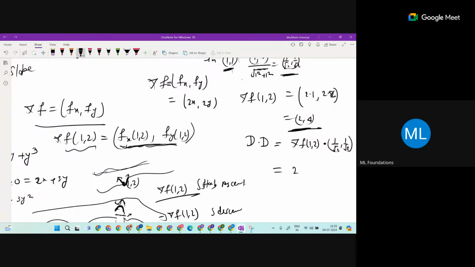We got the gradient (2, 4), and we dot it with the direction. Dot product means coordinate-wise multiplication: 2 into 1 upon root 2, plus 4 into 1 upon root 2. Whatever value we get finally is your directional derivative.